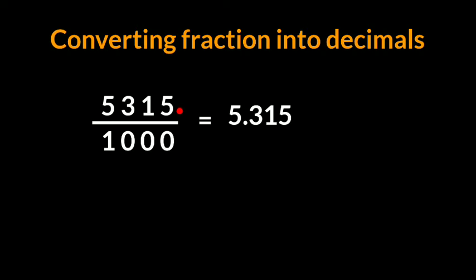How many zeros do we have in 1,000? 3. Yeah, 3. So we're going to move it 3 times. So that is 1, 2, 3. So 5,315 divided by 1,000 is going to give you 5.315. Do you understand?